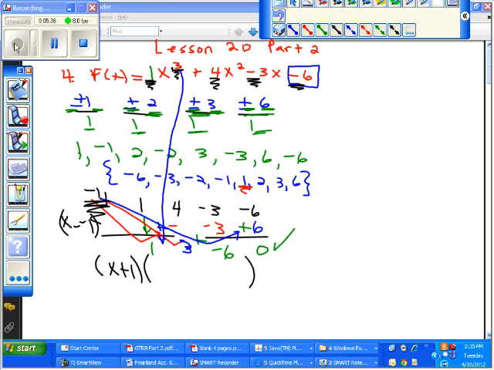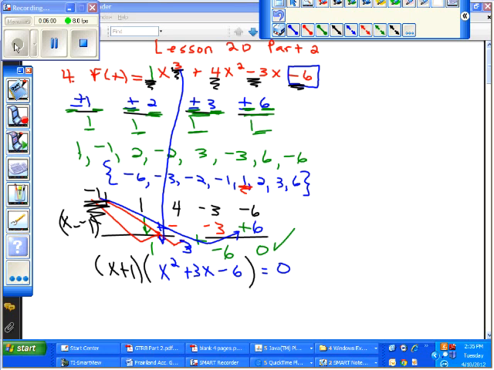We had an exponent of x to the third, so that 1 is connected to an x to the second, and then we go down from there, plus 3x minus 6, and then we still have that whole thing equal to 0, if we're trying to find the zeros.